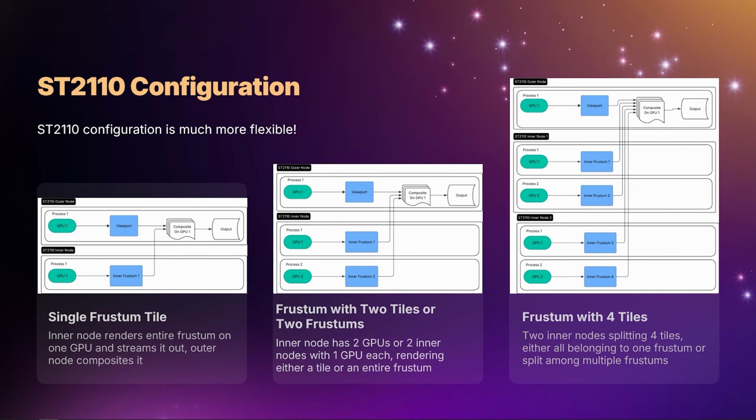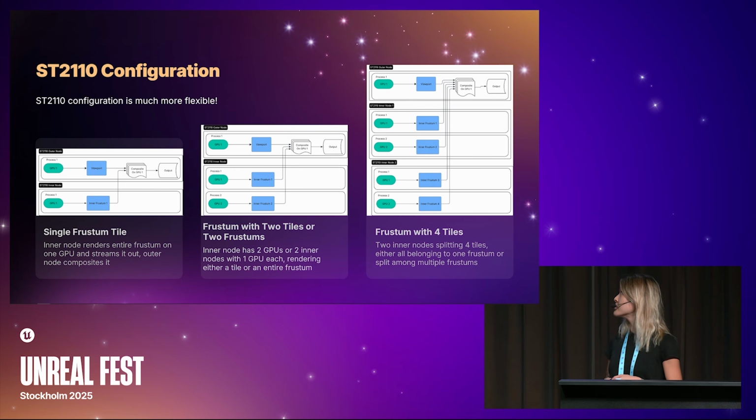With SMPTE 2110, you can get a lot more different configurations. So these are all examples of what a config might look like. You could do a single tile. You could have one node dedicated to the inner frustum, rendering the whole inner frustum on one GPU, and then sending it out to all of the outer nodes, which then do the composite and send it out.